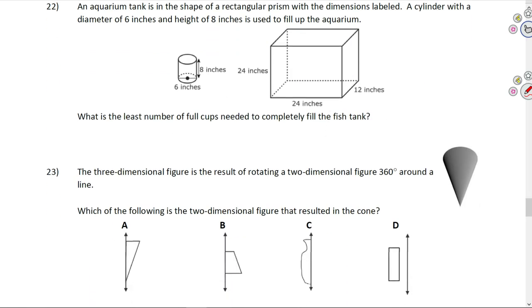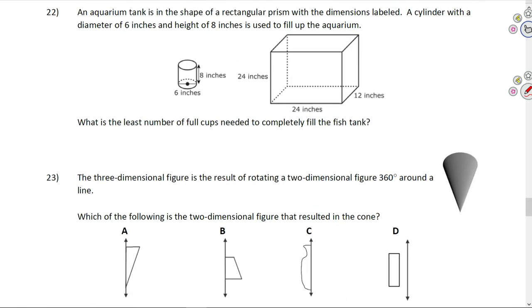Number 22, an aquarium tank is in the shape of a rectangular prism with the dimensions labeled. A cylinder with a diameter of 6 inches and a height of 8 inches is used to fill up the aquarium. Okay, so I have an aquarium here that is 24 by 12 at its base. So the area of the base is 24 times 12, which is 288 square inches.